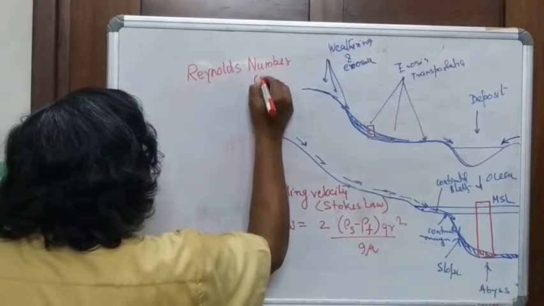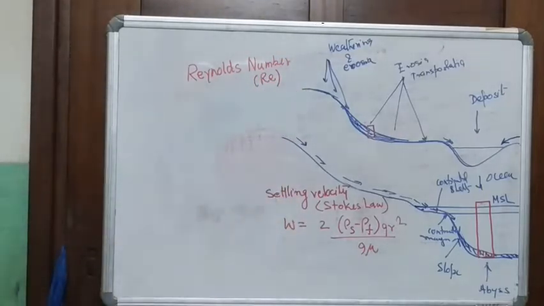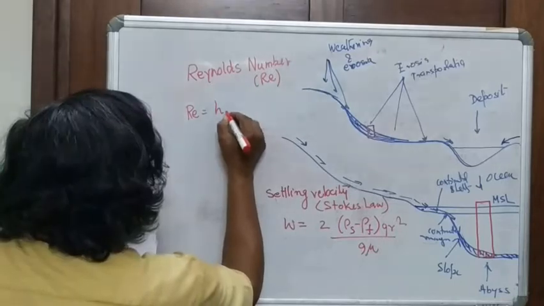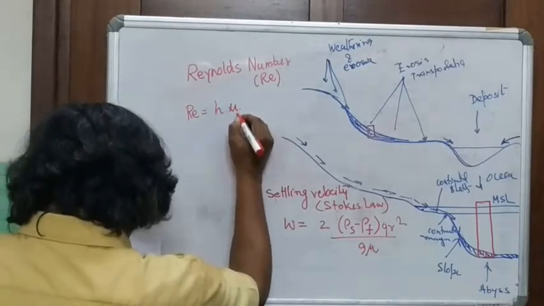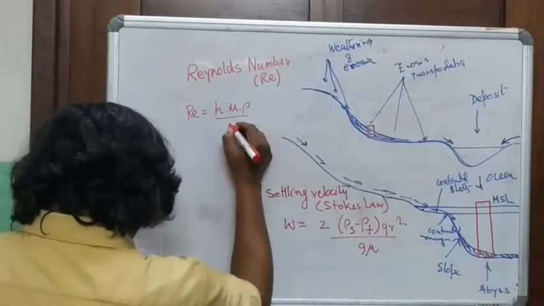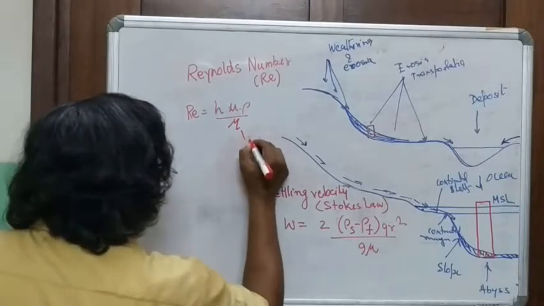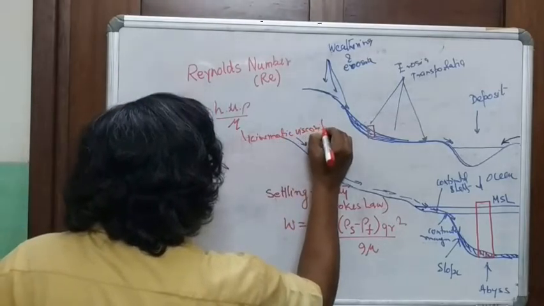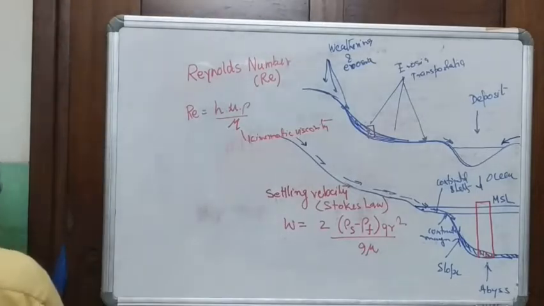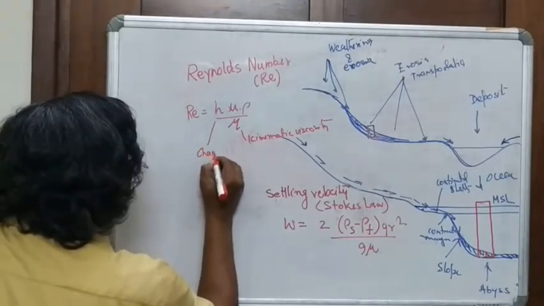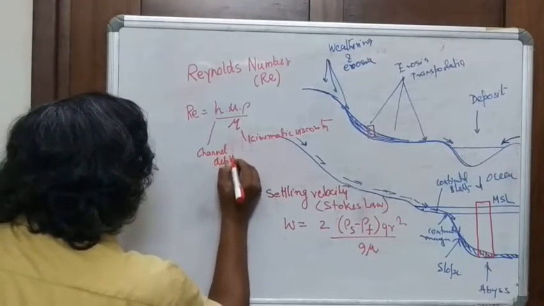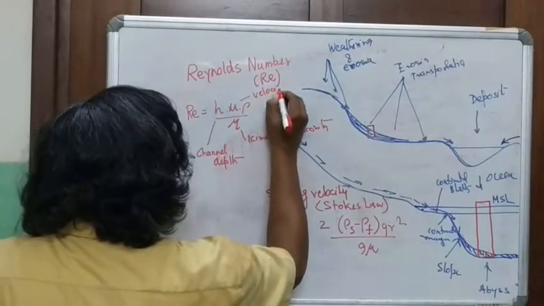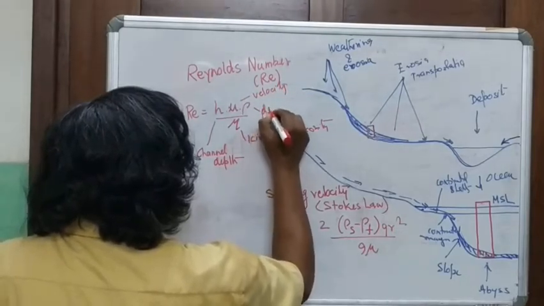It's given by the term Re, and Re is given by the equation H into U into rho, and the whole thing divided by mu, where this is the kinematic viscosity, H is the channel width, is the channel depth, U is the velocity, and rho is the density, as always.